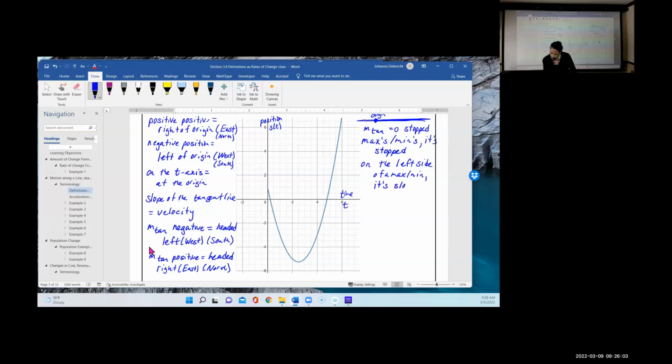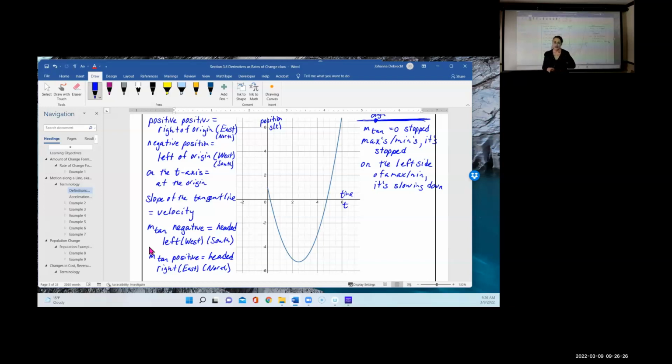Why does it have to be slowing down? And by slowing down, we are talking about the car slowing down. We are not talking about deceleration. Deceleration is a physics concept, and it has to do with the rate of change of acceleration becoming smaller. So that's not necessarily what's happening.